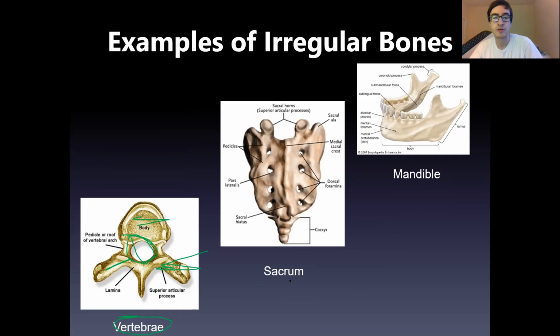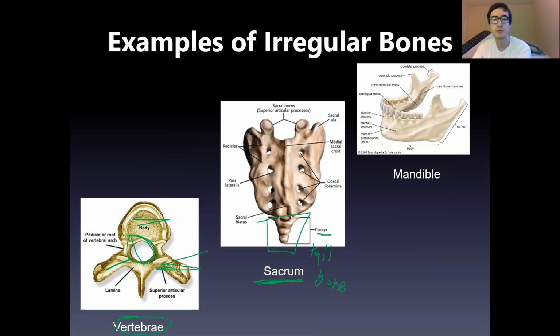You have the sacrum, which is right at the very bottom of your spine, where your spine meets your hip. Your coccyx down here is your tailbone. If you've ever fallen or sat down really hard unexpectedly, you might have bruised your tailbone, which is not a fun experience.